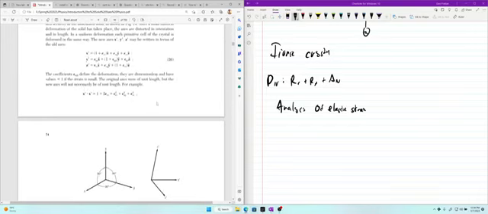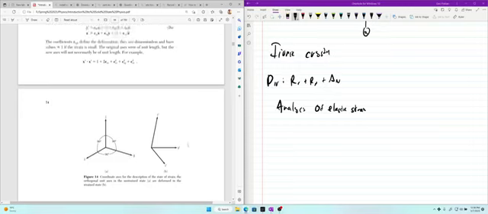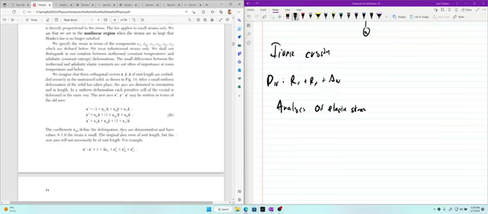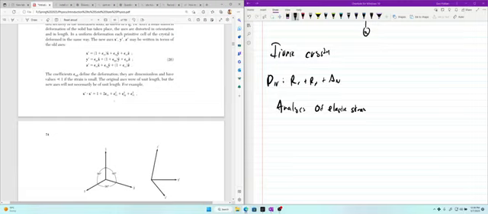So you can imagine we have one atom here, here, here, and then they moved here, here, and here. The coefficients epsilon, alpha, beta define the deformation and are dimensionless and have values much, much less than 1 if the strain is small. In this case, this is obviously an exaggeration. But anyways, the original axes were of unit length and the new axes will not necessarily be of unit length.